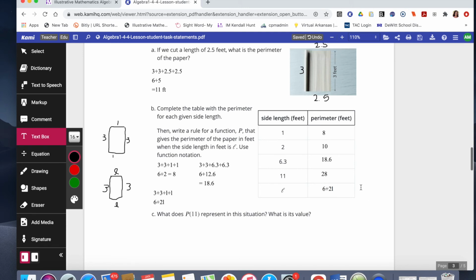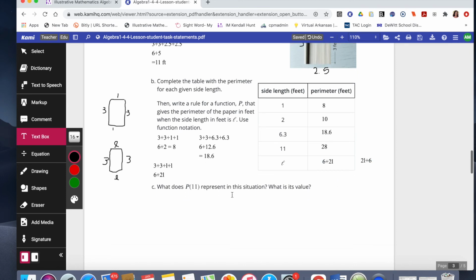Now, I want you to realize that if I had said 2L plus 6, it's still correct, because remember, commutative property of addition, we can move those terms around and it does not change the answer. So our 2L could have come in front, or it could have been like this first one that I did. So those are both the same.